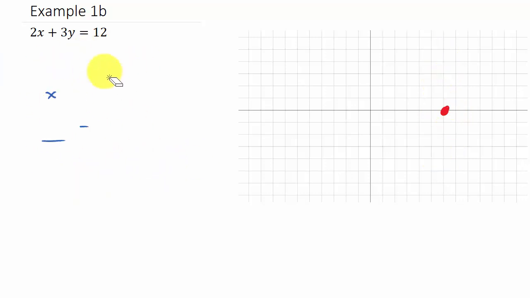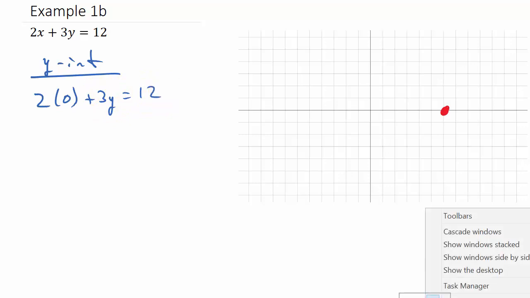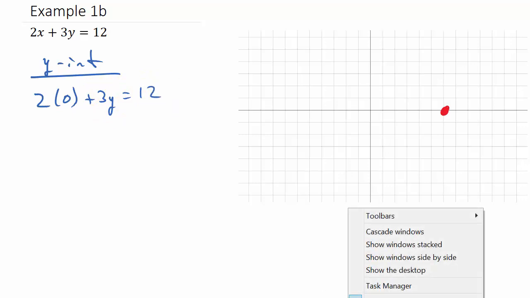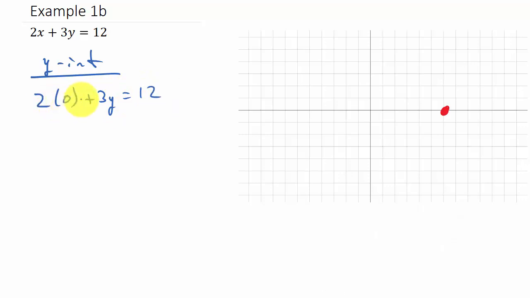Now, let's find the y-intercept. So for the y-intercept, we let x equal 0. So we've got 2 times x, and in the place of x we're going to put 0, plus 3y equals 12. And then you solve for y. So 2 times 0 is 0, so that just leaves us with 3y equals 12.